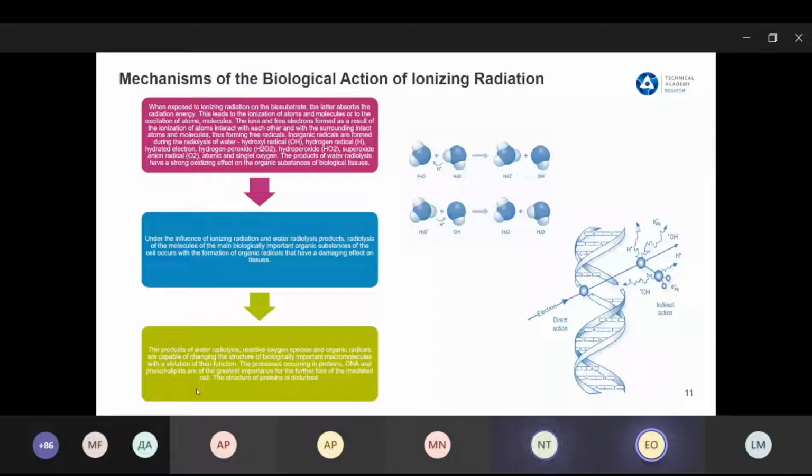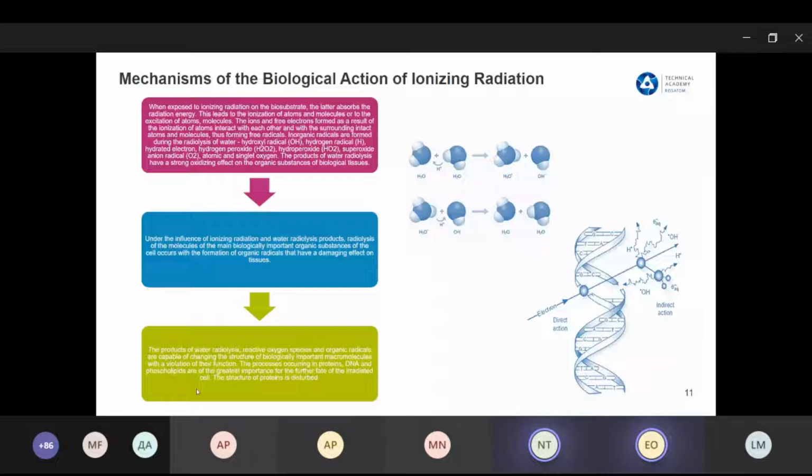There are two forms of radiation cell death: interphase and reproductive. Reproductive cell death is characteristic of all rapidly proliferating tissues.